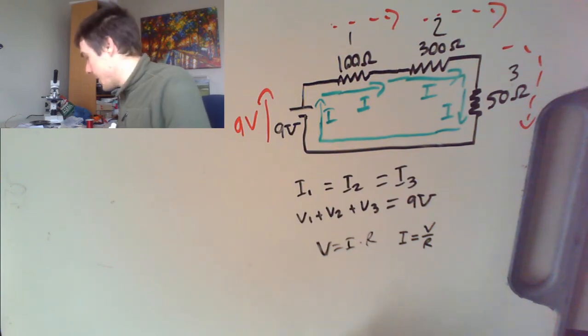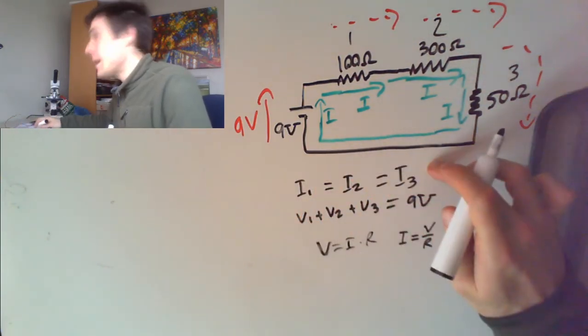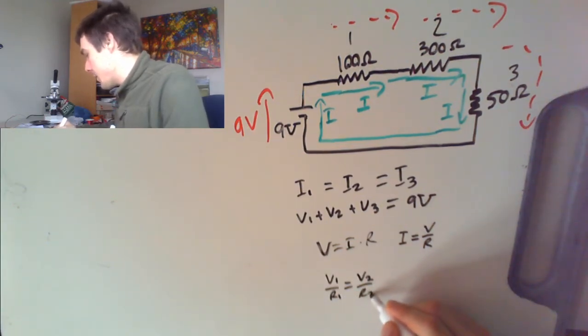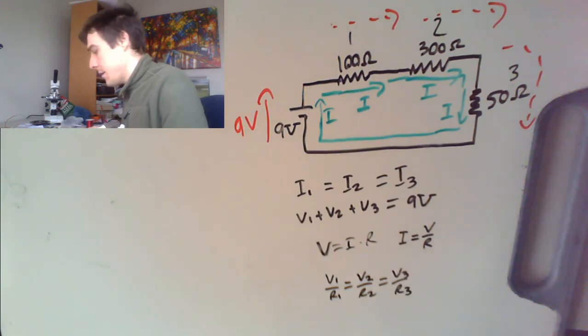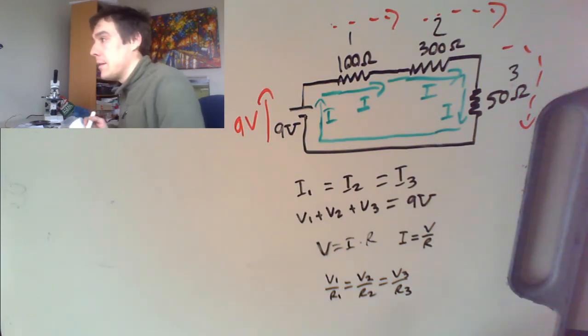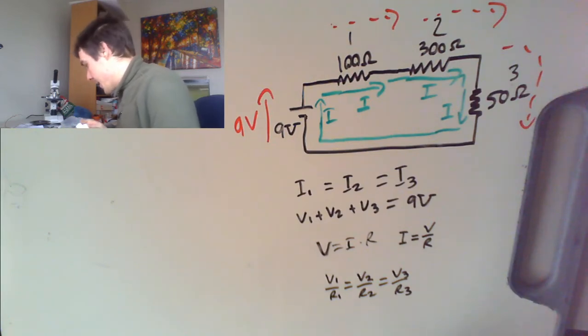And I1 equals I2 equals I3, which means that V1 over R1 equals V2 over R2 equals V3 over R3. Hopefully we're on the same page.